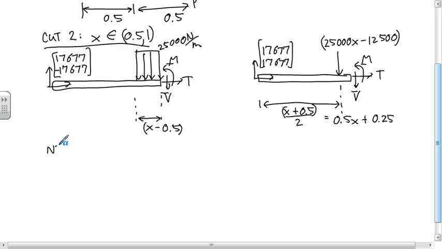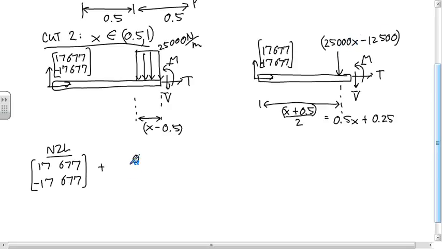And so then go to Newton's second law. Positive 17,677, negative 17,677, plus 0. Now you have to be careful with these signs. This is a downward force with this magnitude.